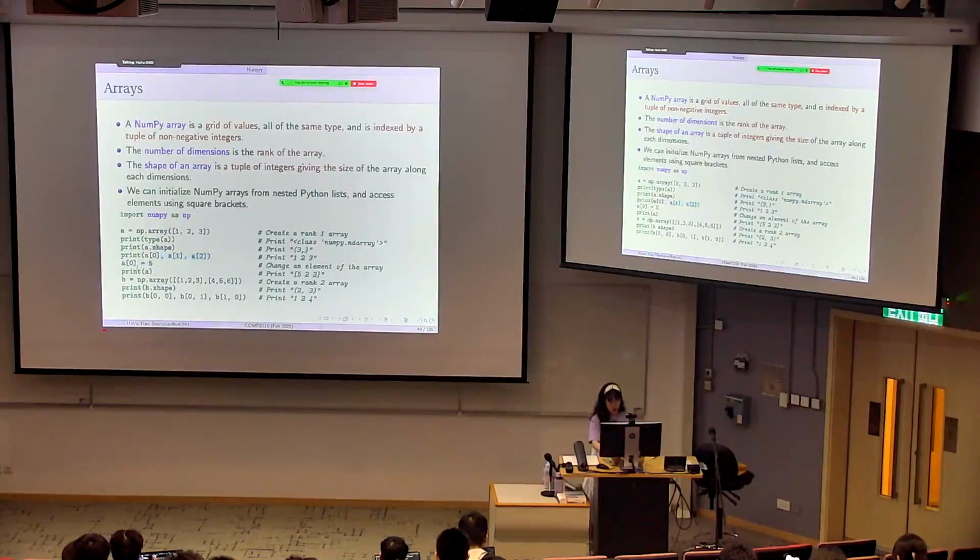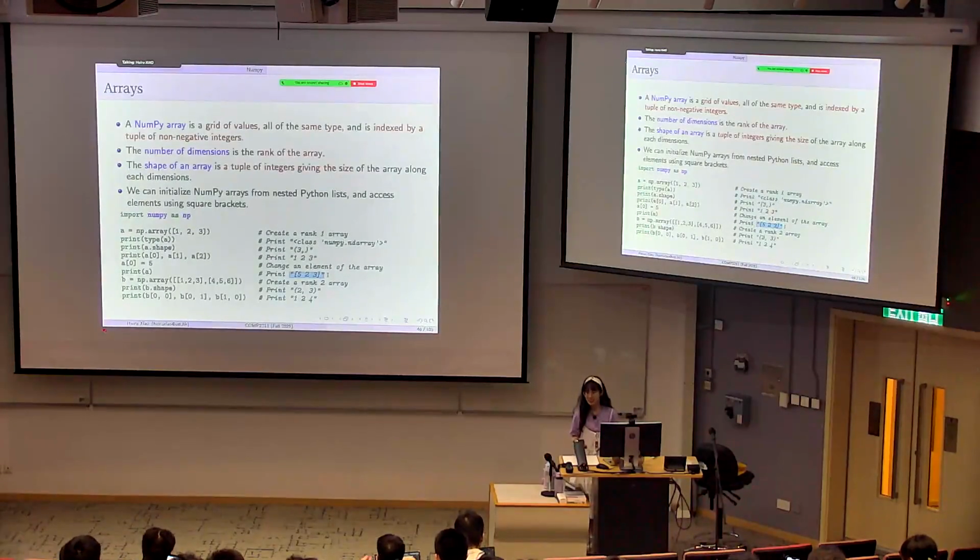After that, if you print A, it will become 5, 2, 3, because we change the first element, that's A[0], to 5. So this is a 1D array. Note that if we want to create some multi-dimensional array from lists, we should try nested lists. So this is an example. Let B be such array. As you can see, B is a nested list, right?